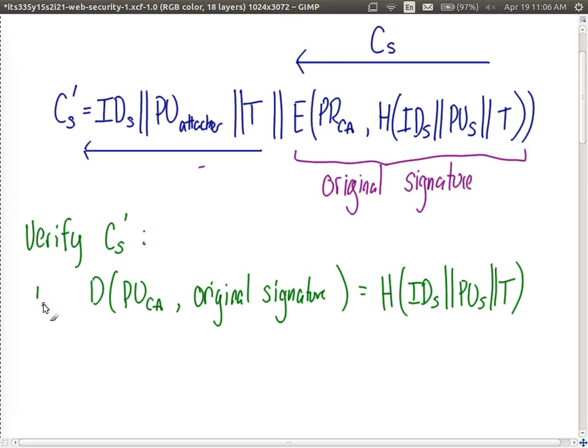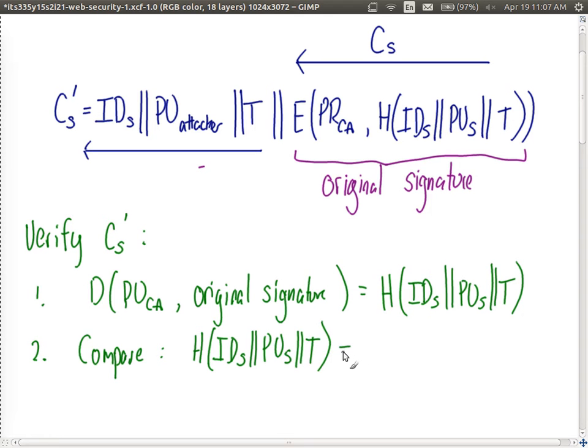Step 2 in the verification, compare. Compare this, the value we just got from decryption, with, and I'll say a comparison operator, the hash of the values we received in the certificate. What did we receive?